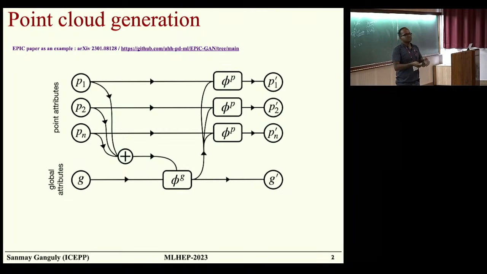It takes a set, gives output a set, and an updated global feature. And you have been told multiple times during this set of lectures how to code this up. So are you confident now that, given a diagram like this, you should be able to code it up?